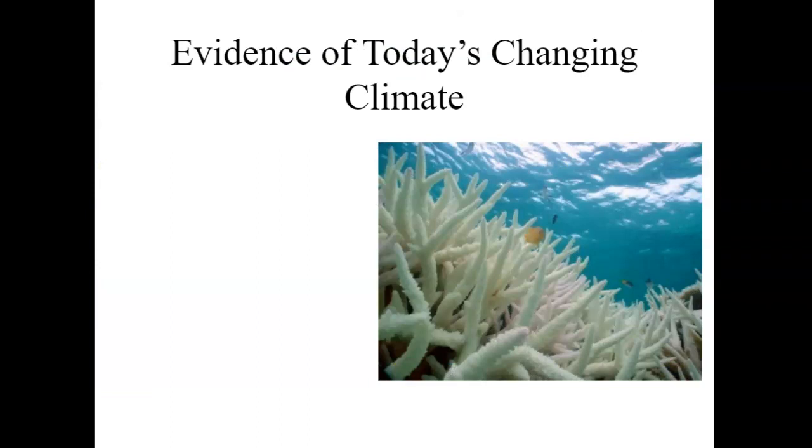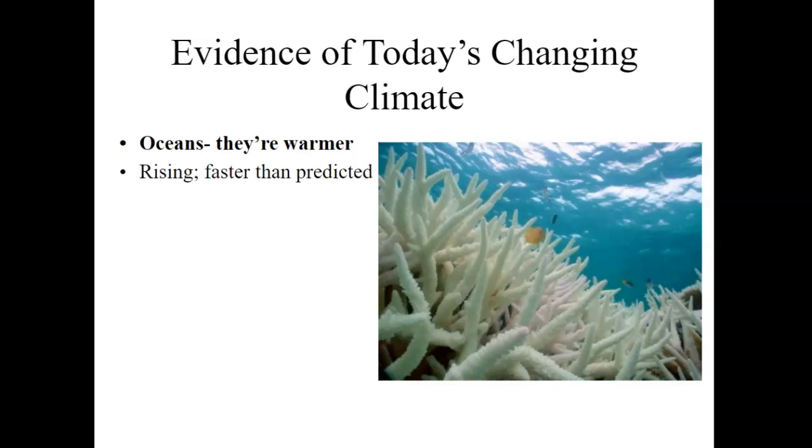If you study coral in the oceans, we know that they are bleaching because oceans are warmer. When the ocean water gets too warm, it puts stress on the coral, and the relationship they have with their bacteria, or excuse me, the algae in their tissues that give them their color, and they end up breaking that relationship.